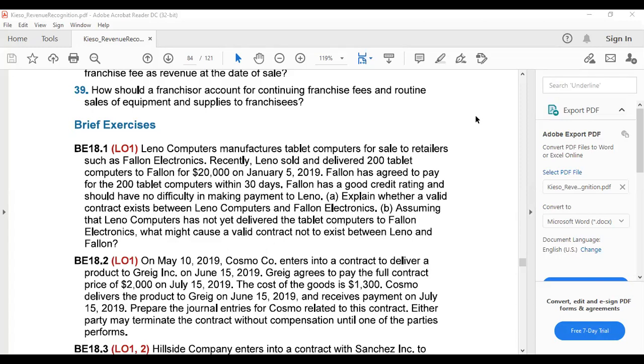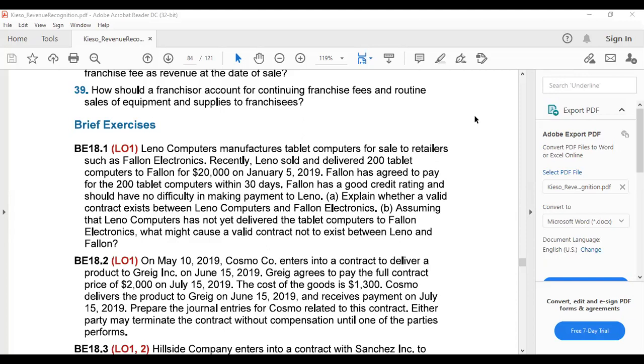Lino Computers manufactures tablet computers for sale to retailers such as Fallon Electronics. Recently, Lino sold and delivered 200 tablet computers to Fallon for 20,000 on January 5, 2019. Fallon has agreed to pay for the 200 tablet computers within 30 days.